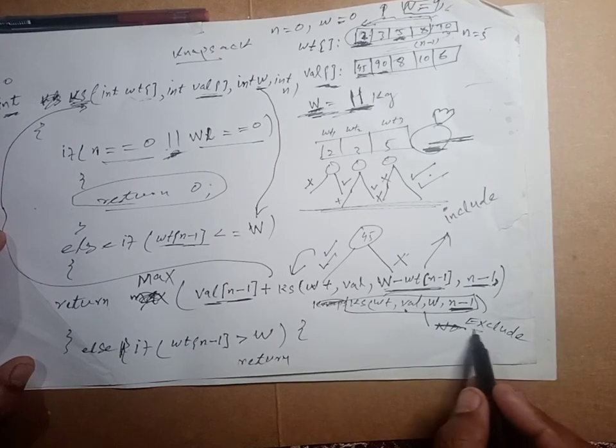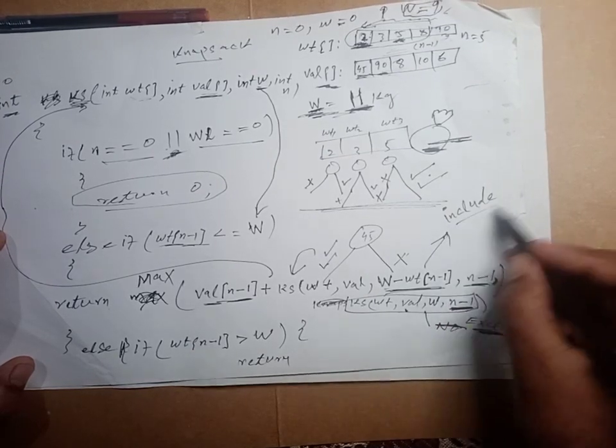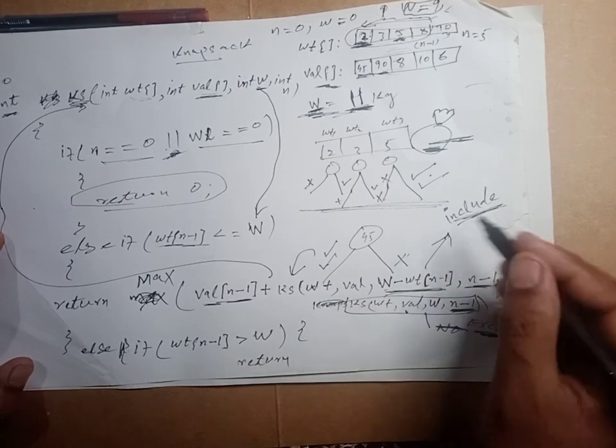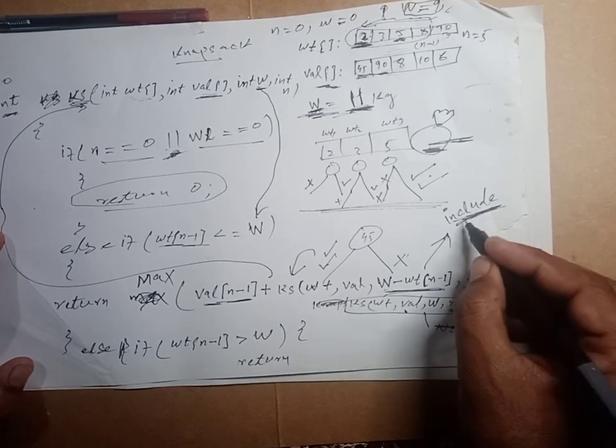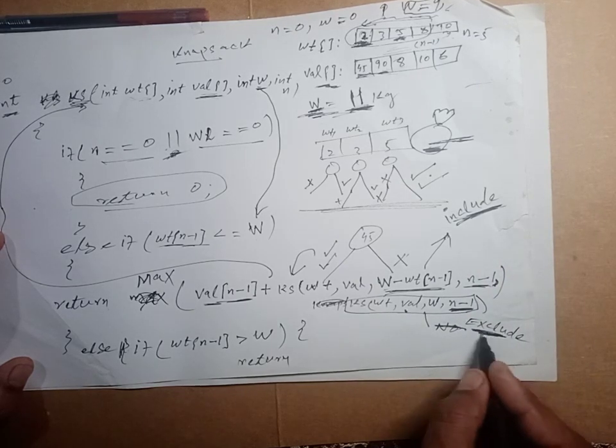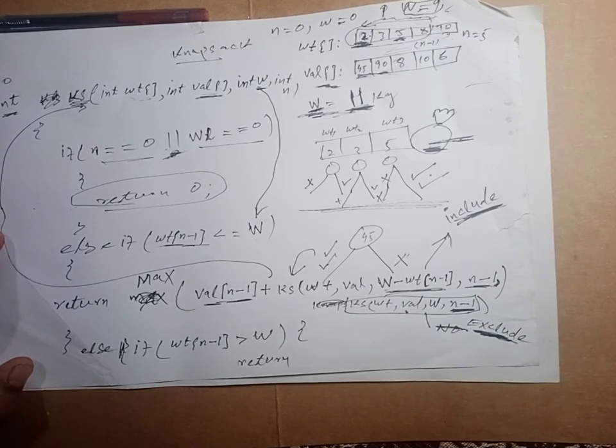Here we include the profit or price, here we include no price, no profit. Here we include the profit, price, or you can say the value, but here we exclude the value of profit or price.